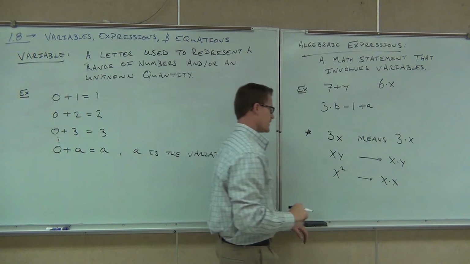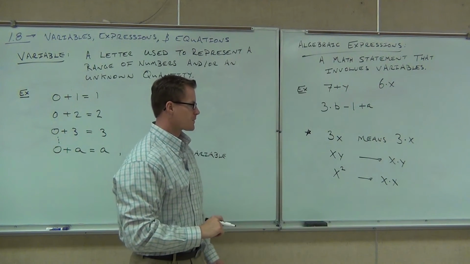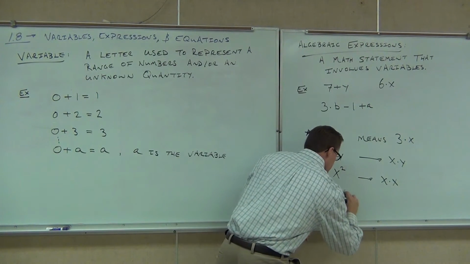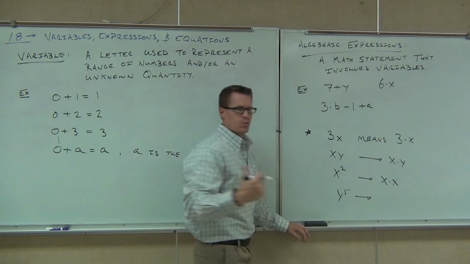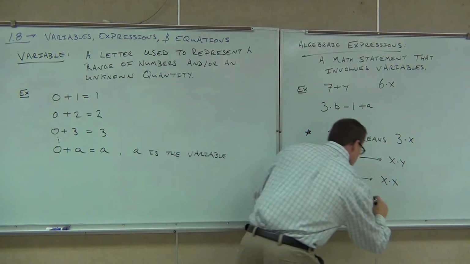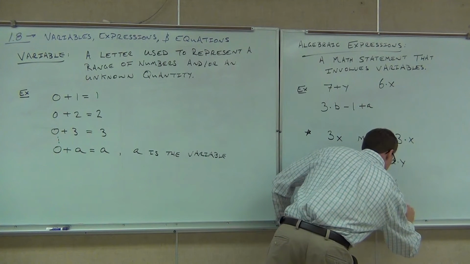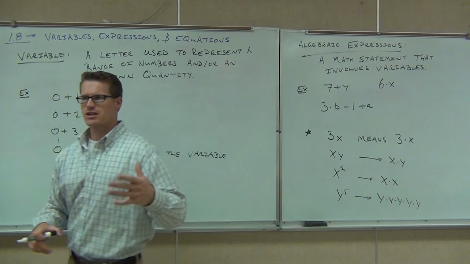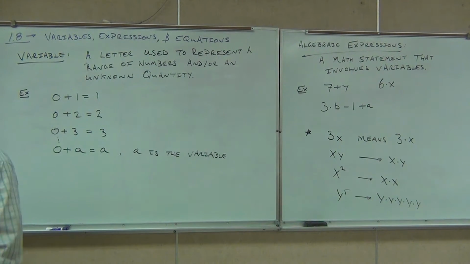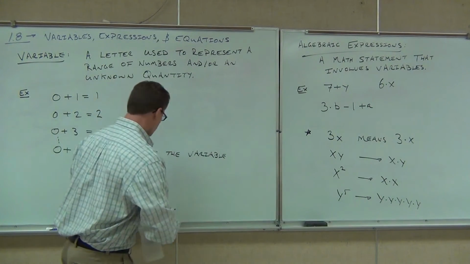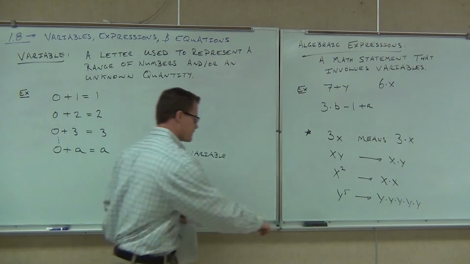X times x. And we can do this with any exponent we want. If we had y to the 5th, that would just be y times y times y times y times y, all 5 times. So the same idea of exponents works also with variables. Now, we're going to talk about this thing called evaluation, how to evaluate expressions. And we'll end there today.